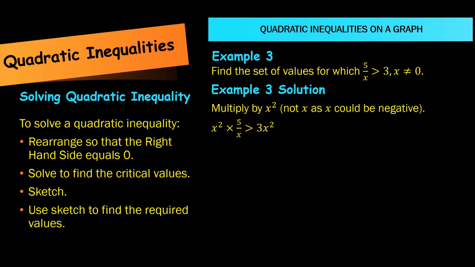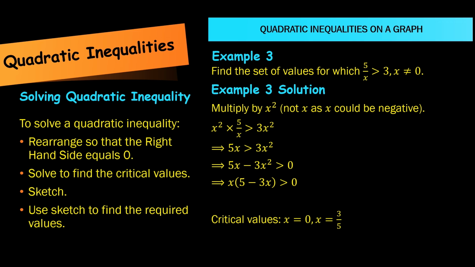So multiplying by x squared gives us x squared times 5 over x is greater than 3 times x squared. And cancelling gives us that 5x is greater than 3x squared. And then rearranging so that we have a 0 on the right hand side gives us 5x minus 3x squared is greater than 0. And then factorising gives us x times 5 minus 3x is greater than 0.